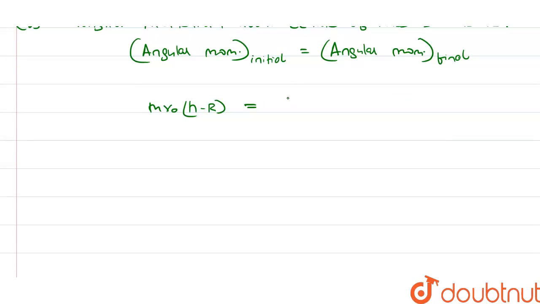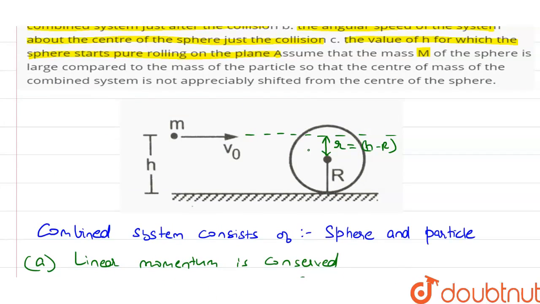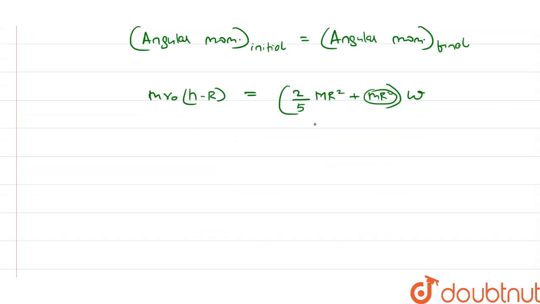And the final angular momentum is equal to the moment of inertia of the whole system, which is 2 by 5 capital M capital R square plus m into capital R square, into omega. This is due to the mass small m sticking to the periphery of the sphere.